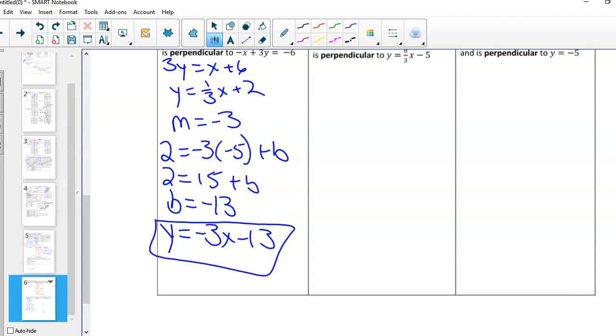How'd you get 13? Subtract 15 on both sides. Yes. How'd you get -3? You have to take your negative reciprocal, because it's perpendicular. So you always take the negative. If the original slope was like 1/3, your new slope would then be -3.